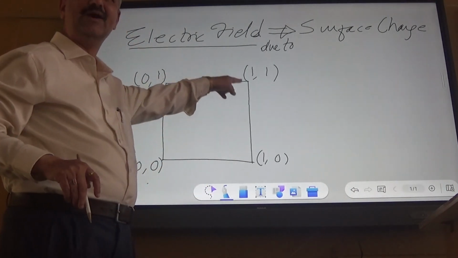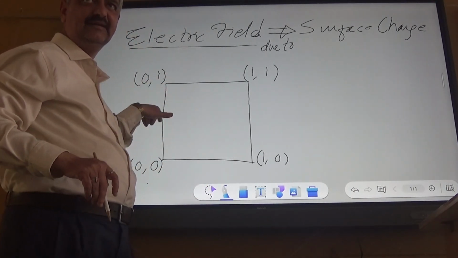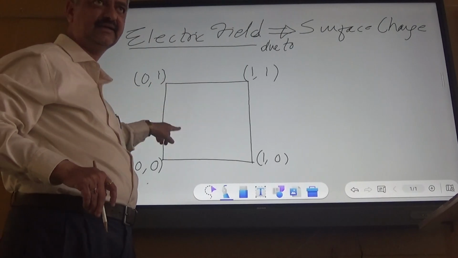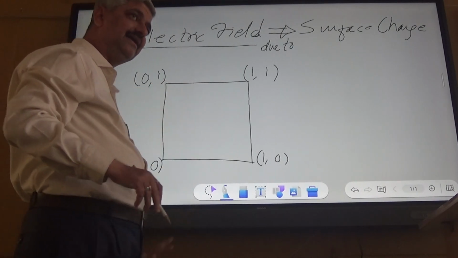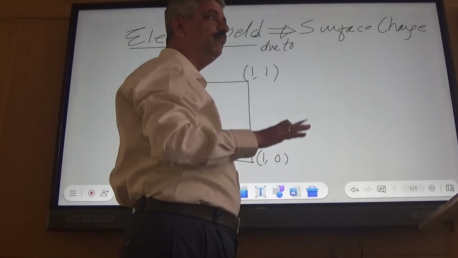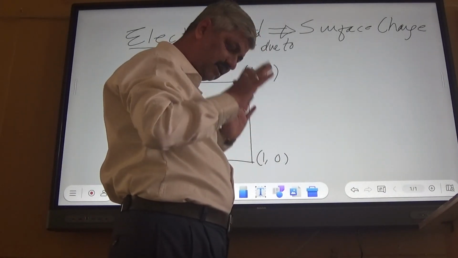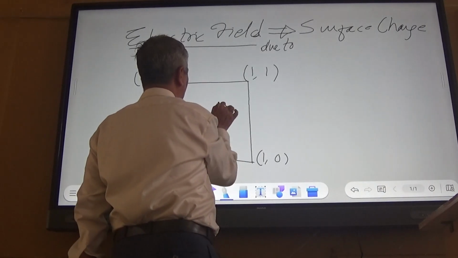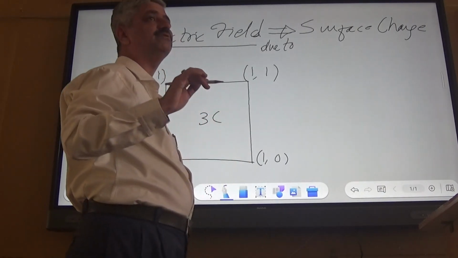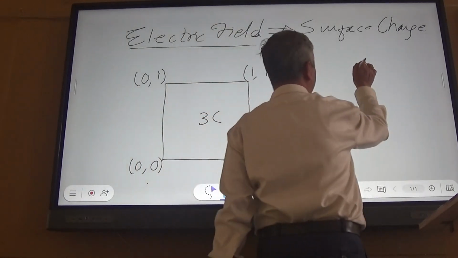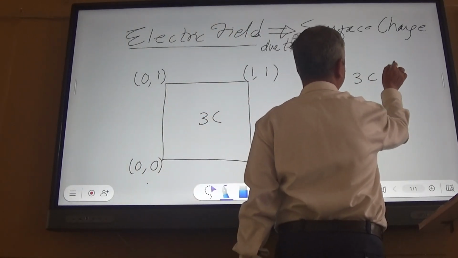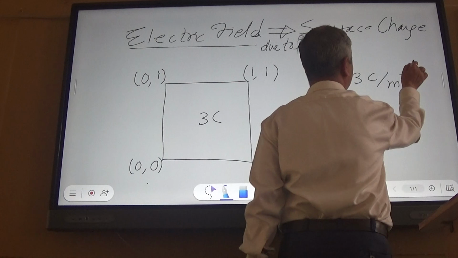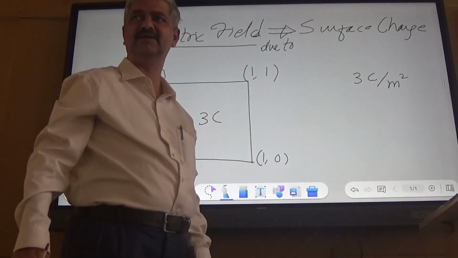If this 1 square meter area contains uniformly distributed surface charge and the total charge is say 3 coulombs, then the uniform surface charge is 3 coulombs per meter square.